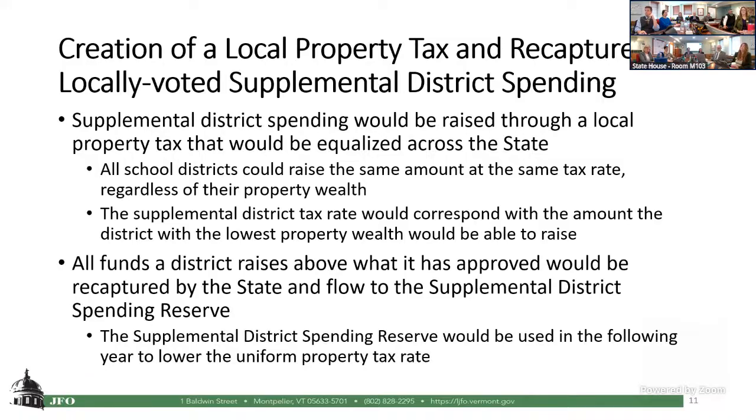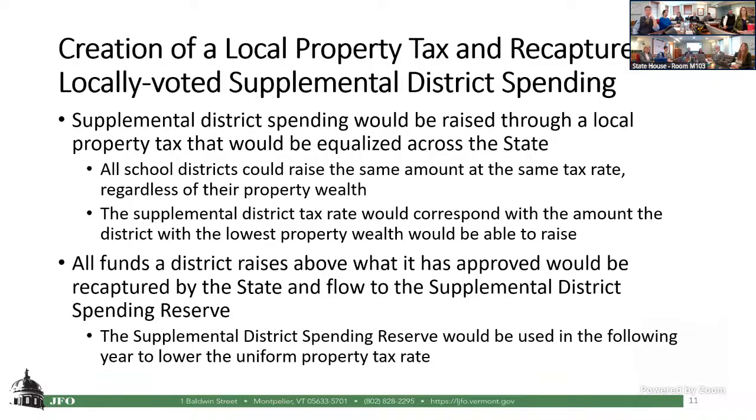And flows to a supplemental district spending reserve. And this gets into that piece, which I know is included in the district builder, which is looking at that grand list per pupil of districts. So the wider the range of the grand list per pupil of the districts, using this tax mechanism, the more funds are going to be recaptured of the richer property districts and flow to this reserve.